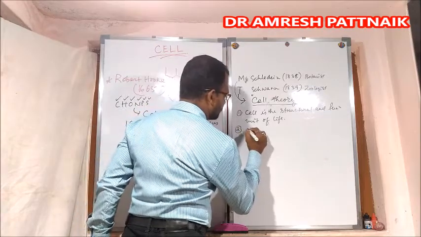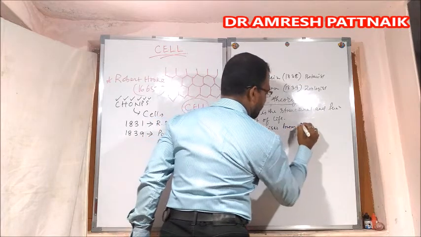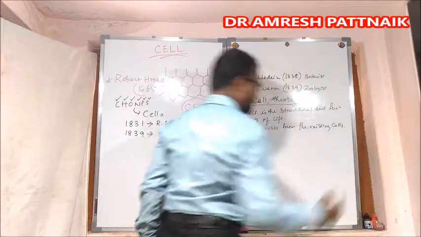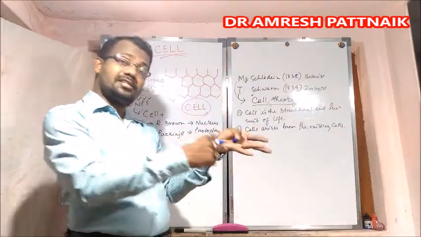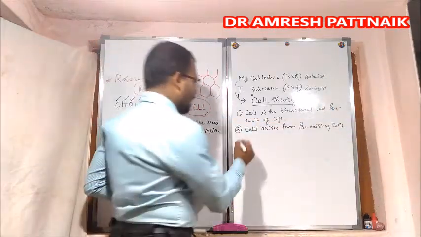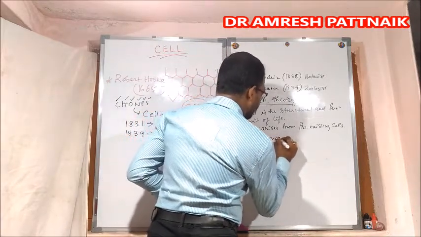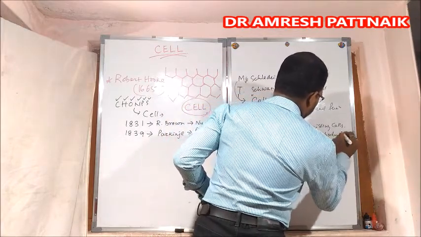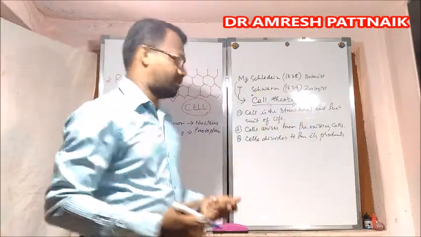Number two, cells arise from pre-existing cells. The new cells always arise from the old cells. Number three, the cell divides to form its products; a cell always divides to form many cells or cell products.